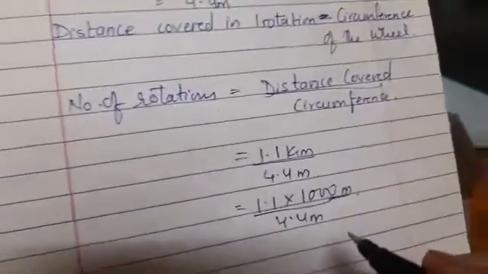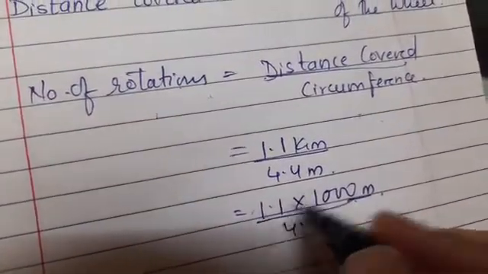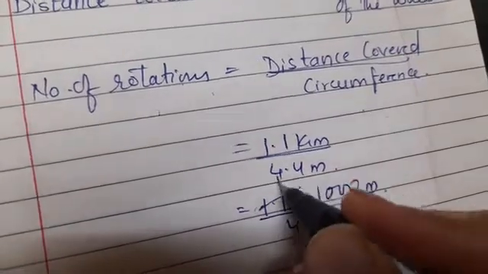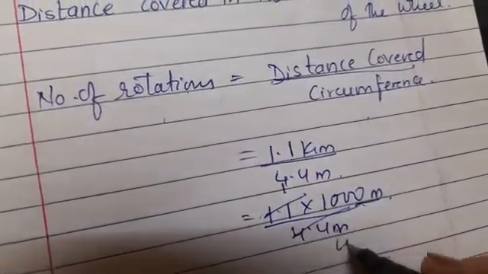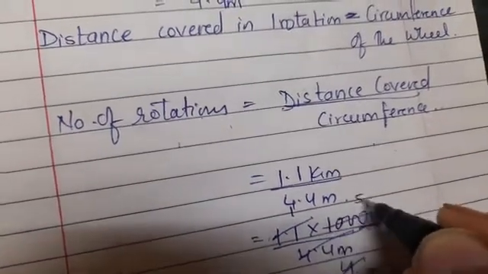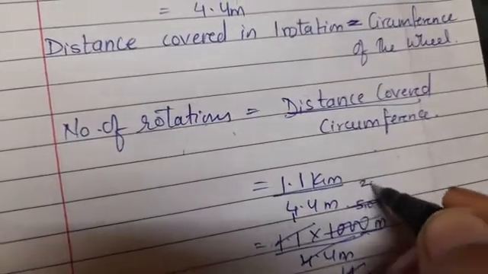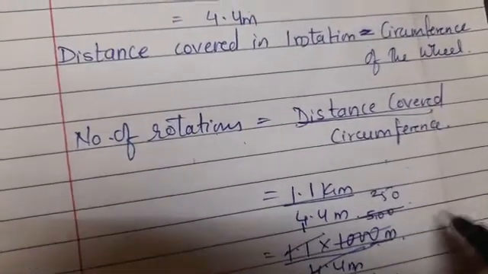Now when I calculate this, you can either calculate by 1.1 or 11. 11 ones are 11, 11 fours are 44. Okay, 2 fives are 10, 0s are 0s. I get 250 as the answer.